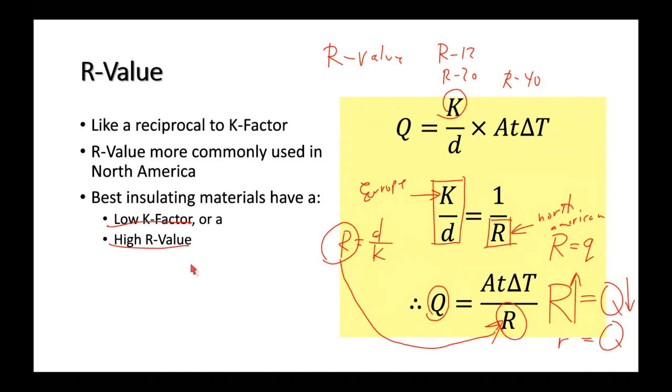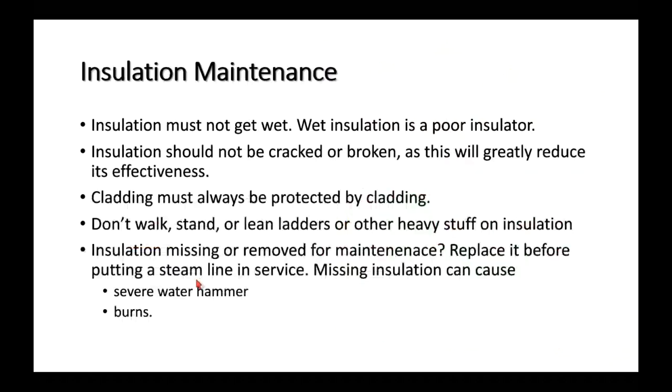Now, I don't have any questions for you to work on, but you can look over what's in the textbook and work over that on your own. Now, as for insulation maintenance, we know that we don't want it to get wet because then it becomes conductive. We also don't want it cracked or broken. But insulation should always be protected by cladding.